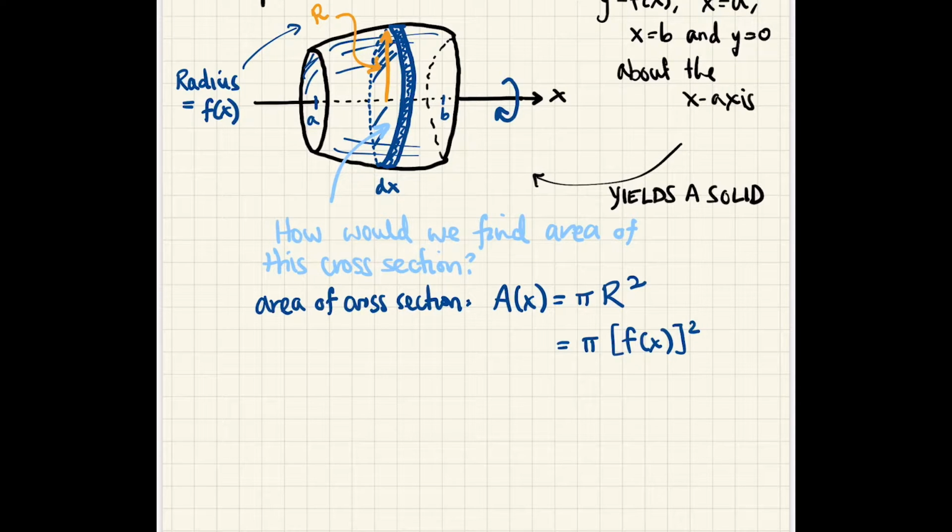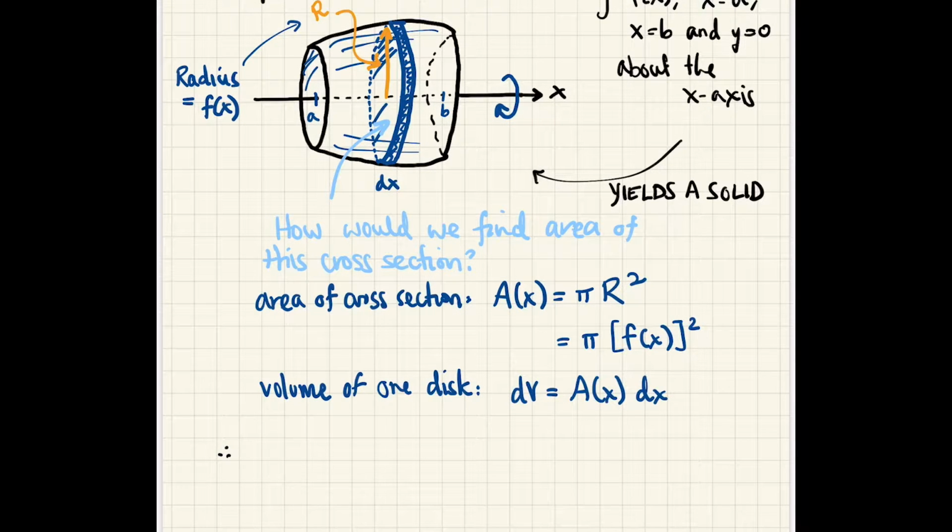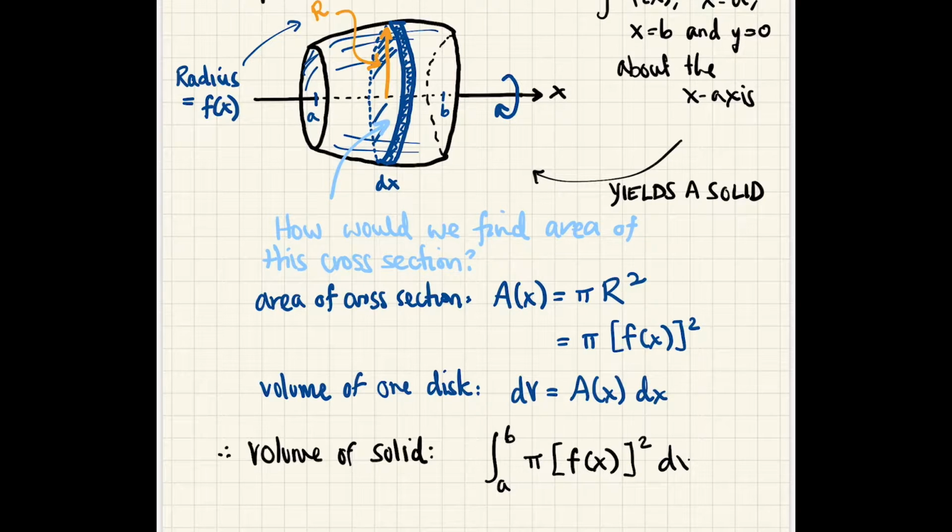And therefore, the volume of the disk, which we're going to call dV, well, we know that that's A of x dx, and so we conclude that the volume of the solid, being the integral of the dVs, will just be the integral from a to b of A of x dx, but A of x is pi times f of x squared dx.